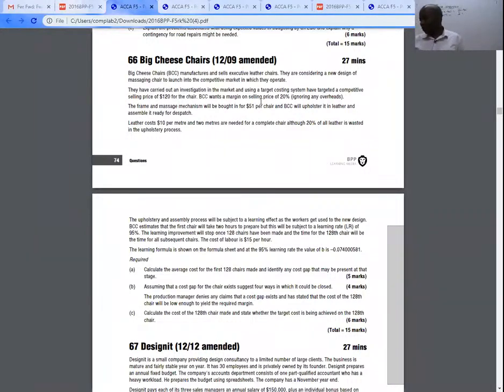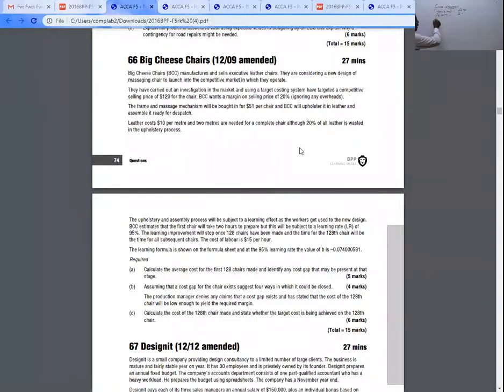And then we continue. We are told leather costs 10 per meter and 2 meters are needed for a complete chair, although there is wastage of 20%. Whenever there is wastage, many students will not be able to handle it very well.